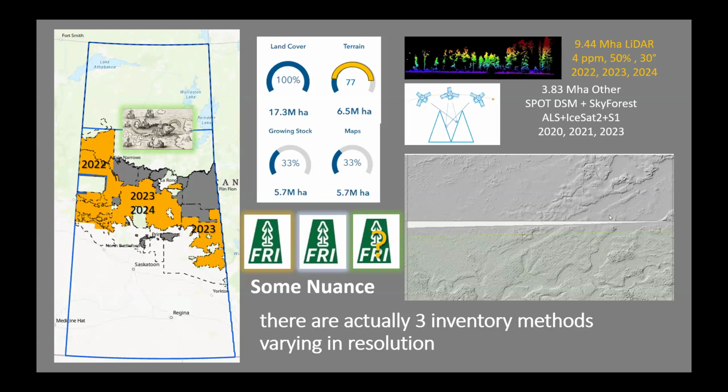And these two are compared on the right side of this slide. So the bottom here is a LiDAR-based DTM. The top is a satellite-based DTM. And you can get very similar products. Difference in precision, certainly, but at larger scales and 20-meter pixels, fairly similar.